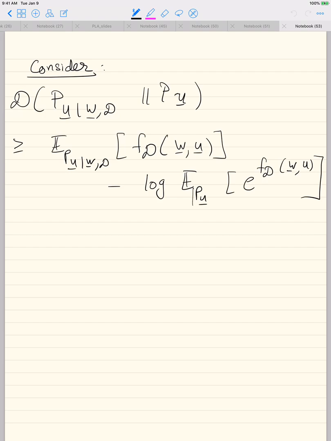Recall that in the second term here, in the second expectation, this distribution is independent of W and D. So just for sake of clarity, I will replace this by U prime.